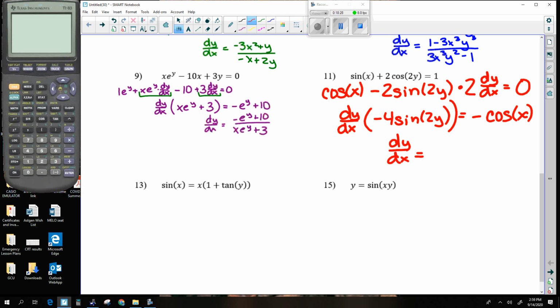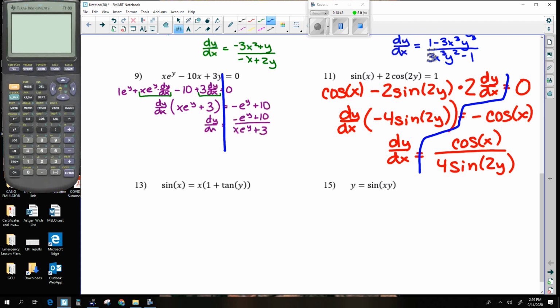And negative is going to cancel. Again, I hate that I'm moving parentheses. I wouldn't do this if I were doing this on my own paper. Try to line up your equal signs.